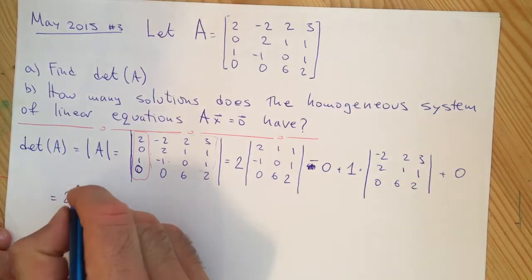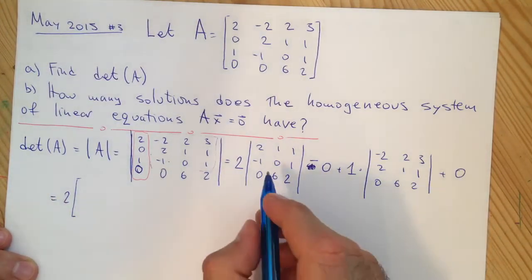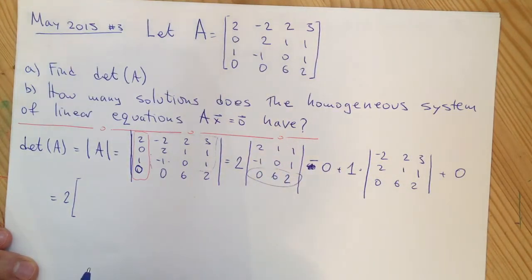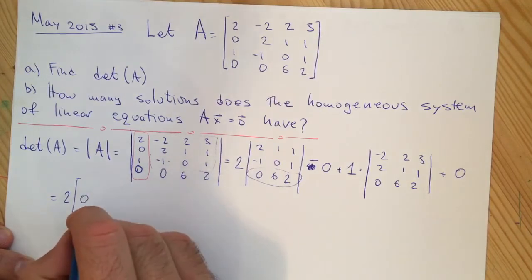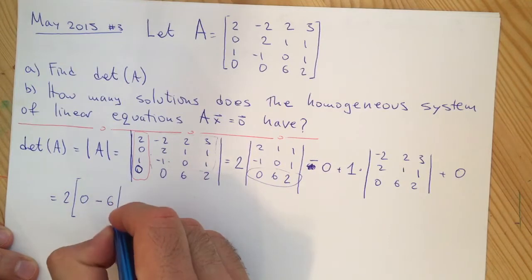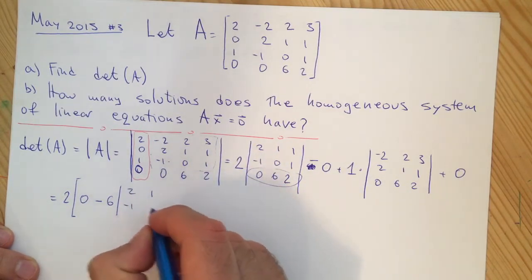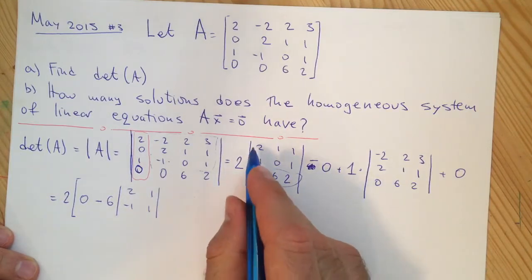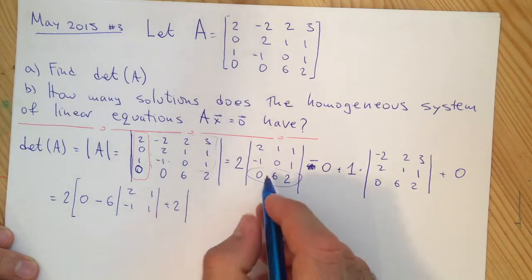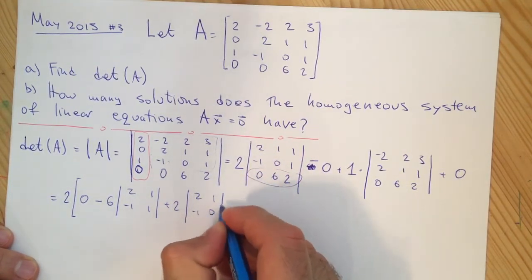So this is 2 times, and now I do cofactor expansion again. So let's say the third row now. So 0, positive, negative, positive, so 0, minus 6 times the determinant of the submatrix 2, 1, negative 1, 1. So positive, negative, plus 2 times the determinant of the submatrix 2, 1, negative 1, 0.